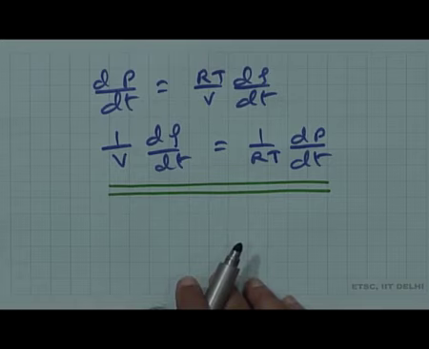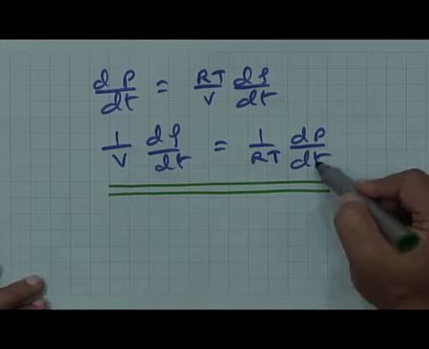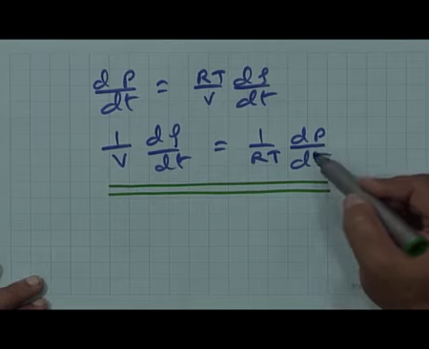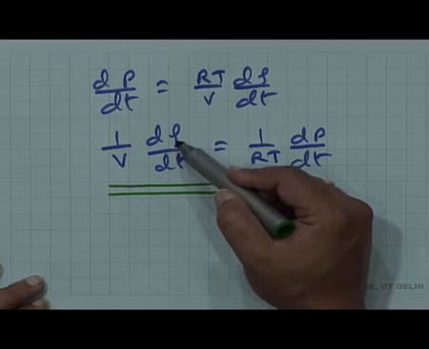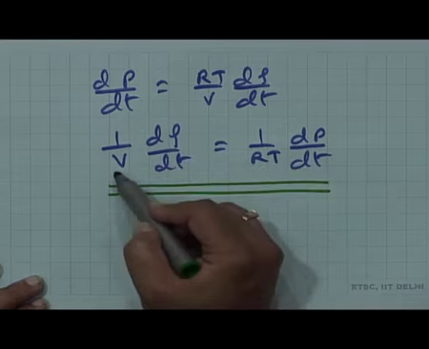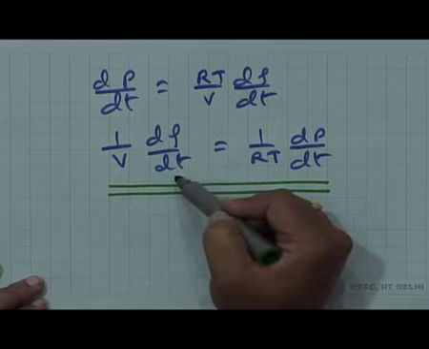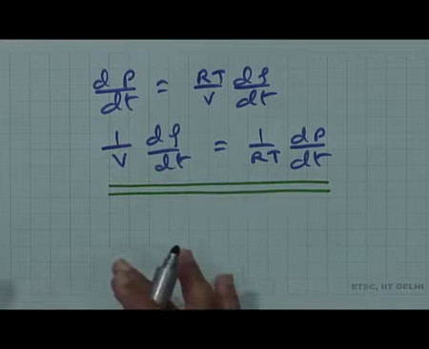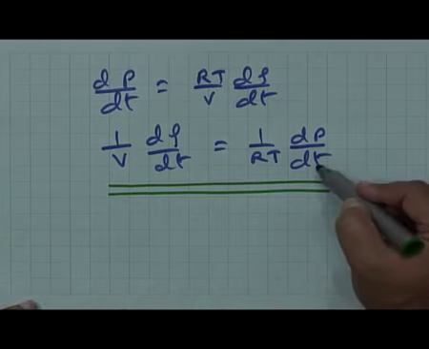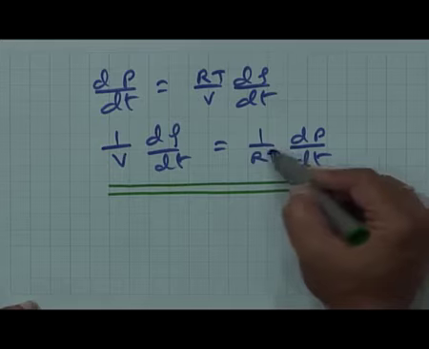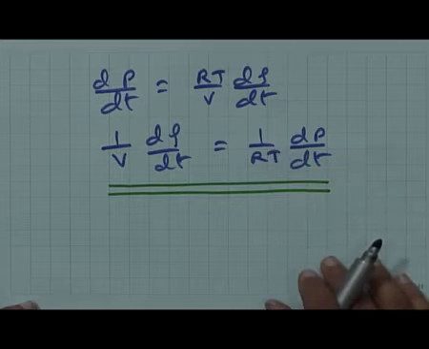That means if I follow the change of pressure with respect to time, that is equivalent to following the change of the extent of the reaction as a function of time. And this 1 by V times d xi over dT is nothing but the rate of the reaction, and thus we say that the rate of the reaction can be monitored by monitoring the change of pressure with respect to time. The only thing is there are these constants 1 by RT, because these were kept as constants.